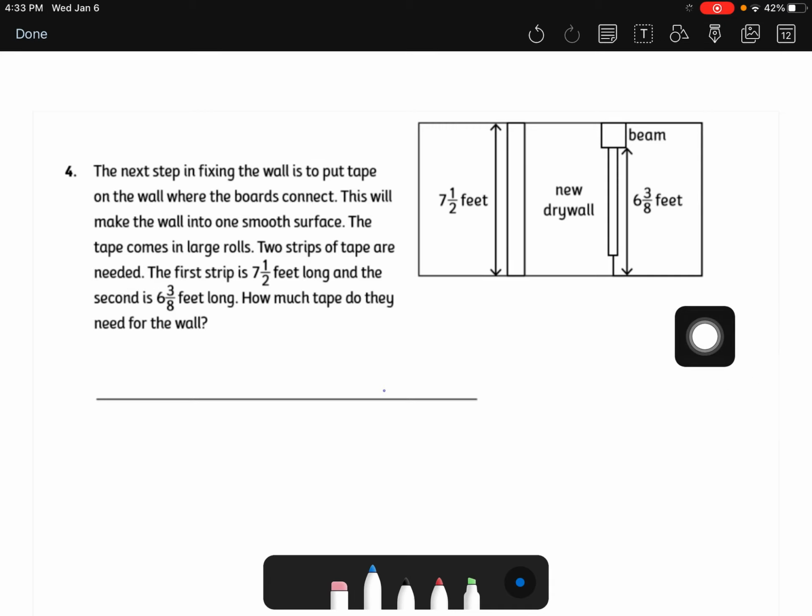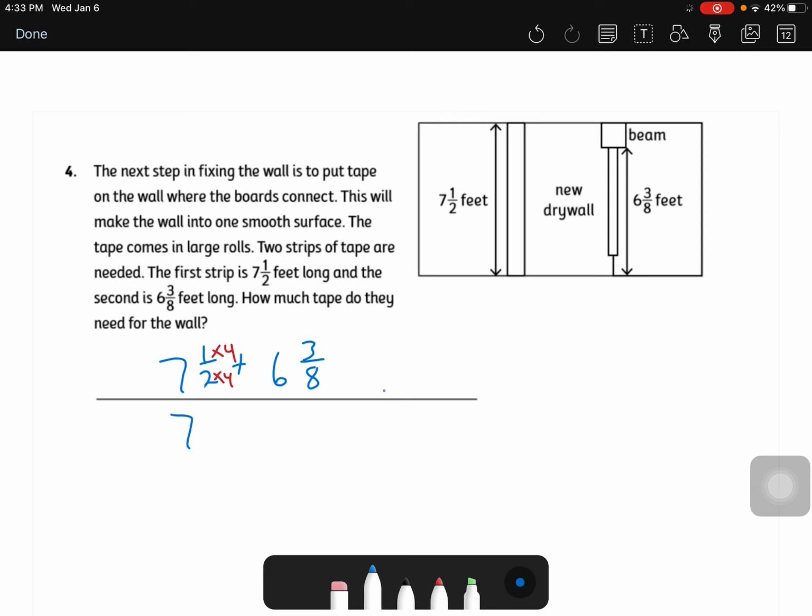Okay, so this one's a little bit shorter because it looks like there's a beam there. Okay, so we can add together 7 1/2 and 6 3/8 to get our total. Okay, so get a common denominator by multiplying by 4.